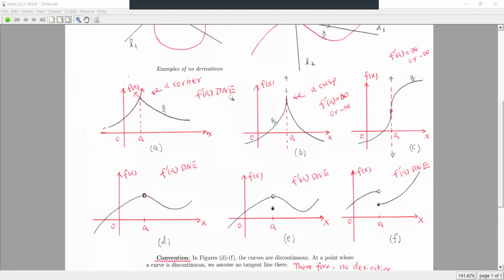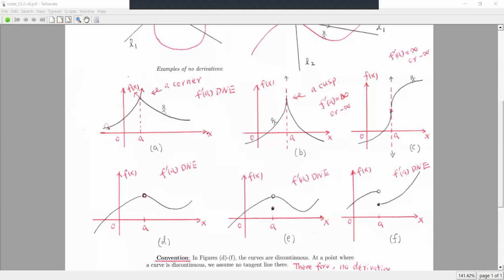DNE means doesn't exist. Now, why at the corner, no tangent line? Imagine that I walk along the curve. When I pass the corner, my walking direction is this direction.